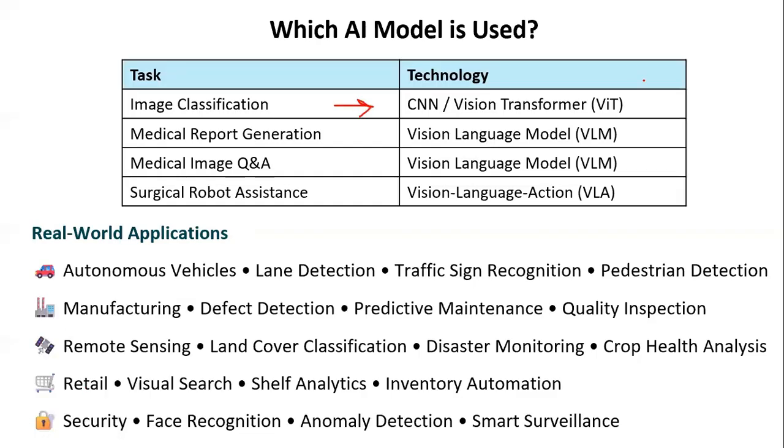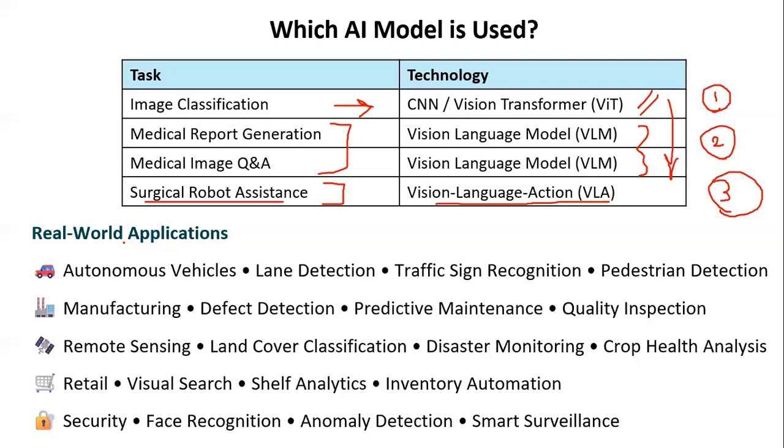Just for classification, transformers are there. For report generation, question answering, language models are there. But for taking certain actions like surgical robot assistance, vision language action models are there, VLA. So this is like the preliminary level, moderate level, and this is like the third level in the domain of vision transformers.